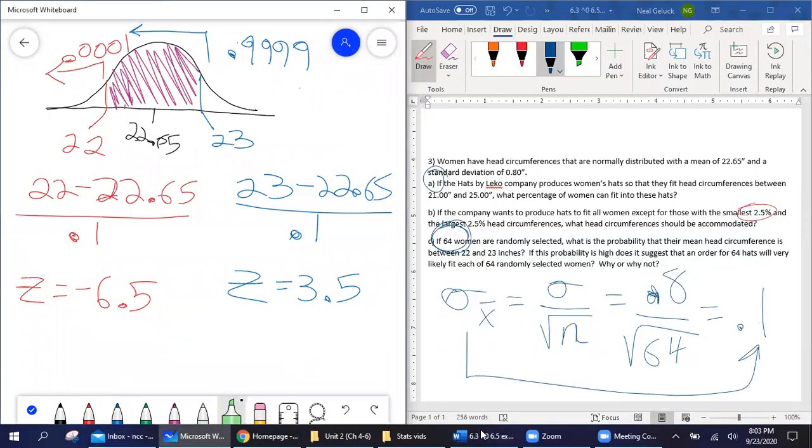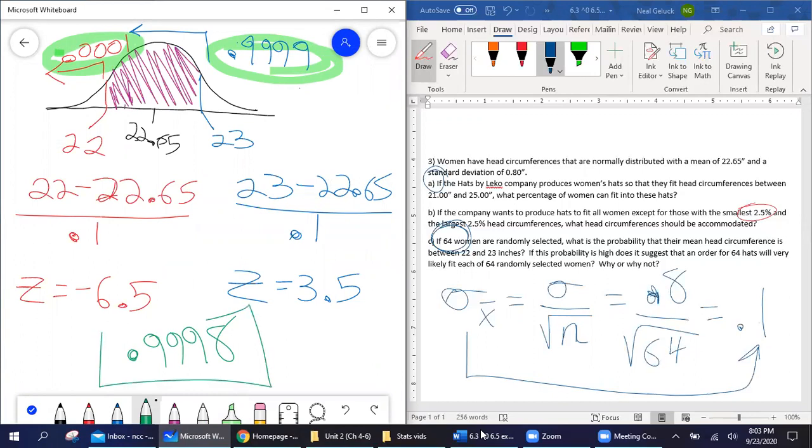If I subtract big minus small, I'll get 0.9998. And it asked a probability, so that's my probability.